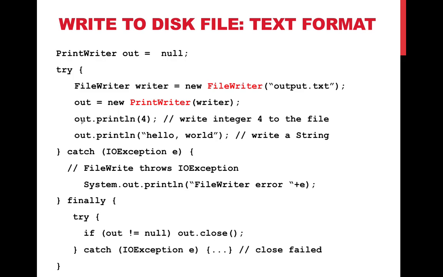This object is very similar to System.out.println. If you do System.out, the data is displayed on the screen, but if you do out.println here, then the data you specify will be stored in a disk file. Of course, when you use FileWriter and PrintWriter, checked exceptions are thrown, so you have to write a catch block, and then in finally you close the open file stream.